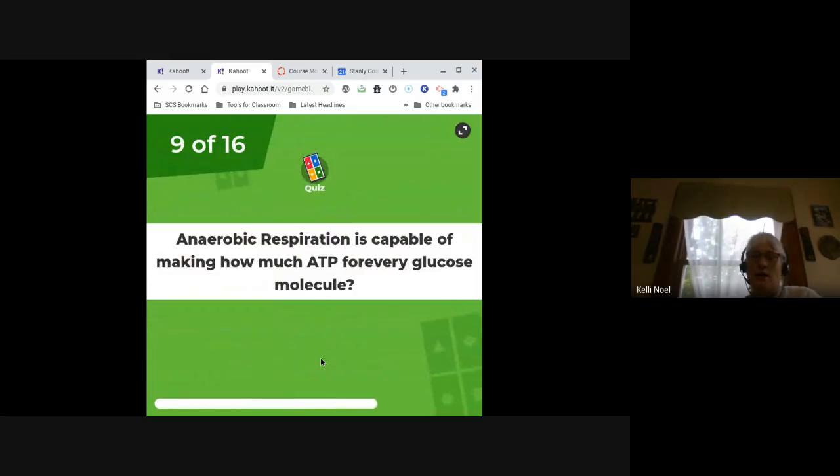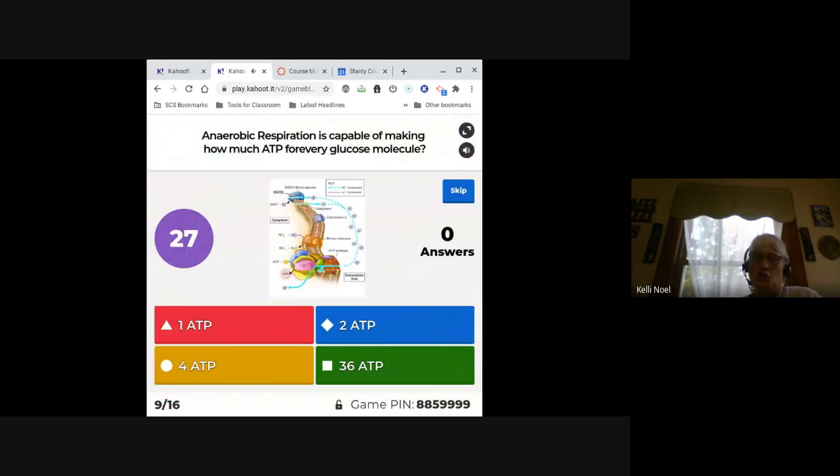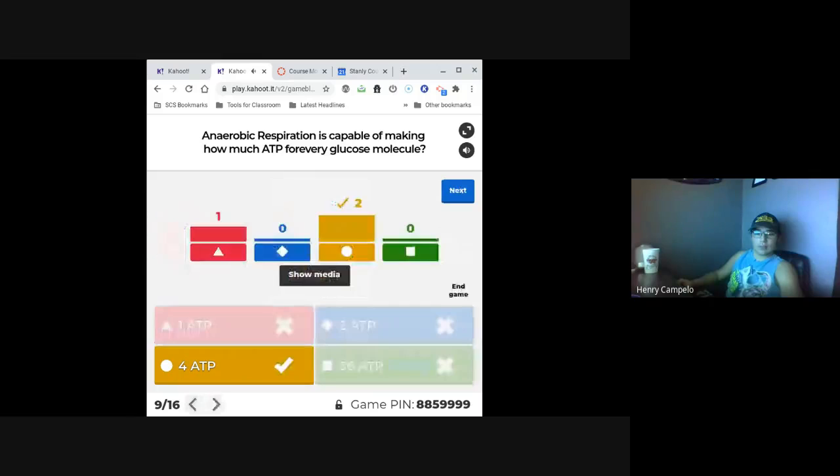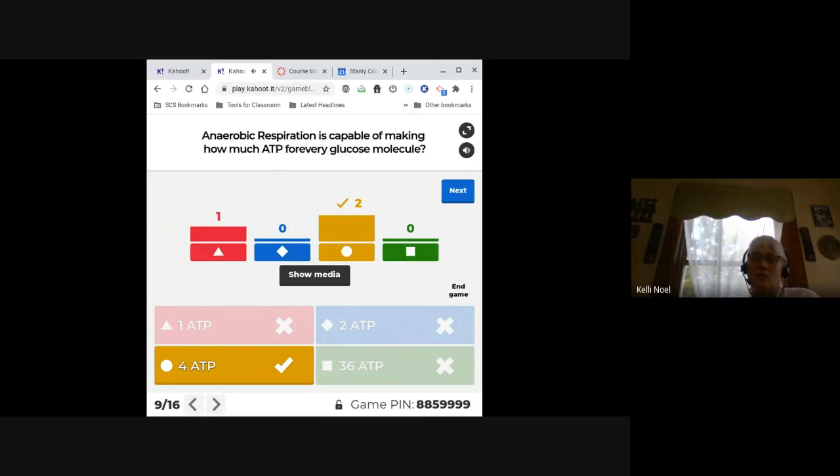All right, anaerobic means without oxygen. It is capable of how much ATP for every glucose molecule? Oh, yay, 4.